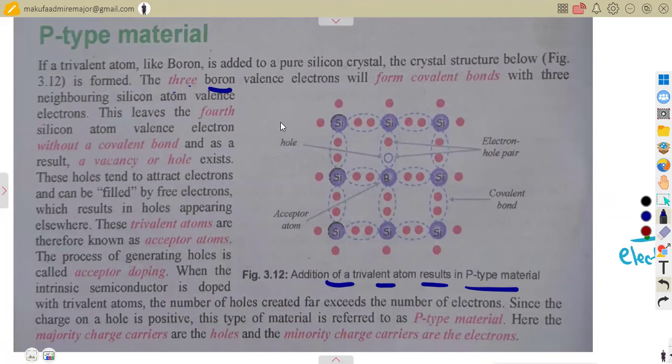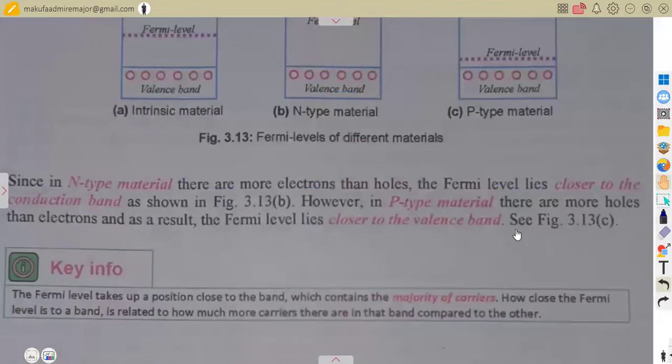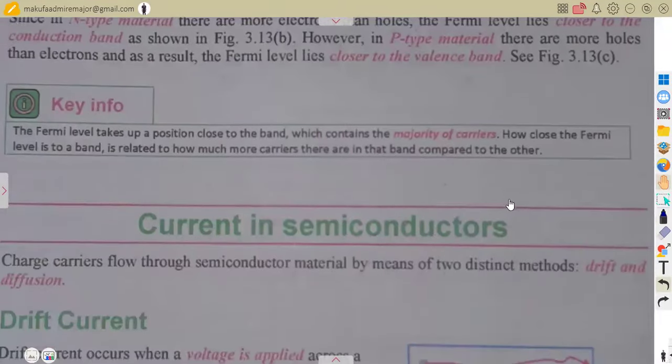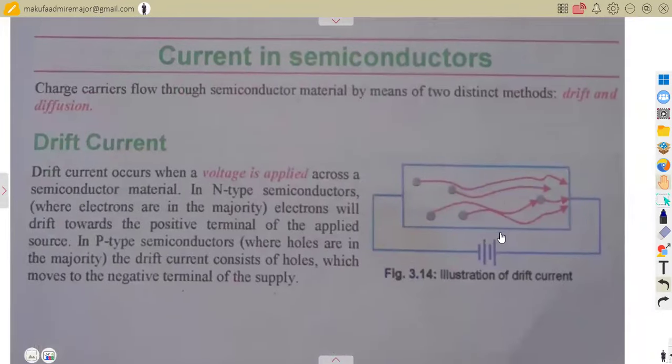So guys, just go through your notes. Then also the part of the Fermi levels, it is similar to that part that we had on those energy levels. I want you also to go through this part up to the current in the semiconductors.